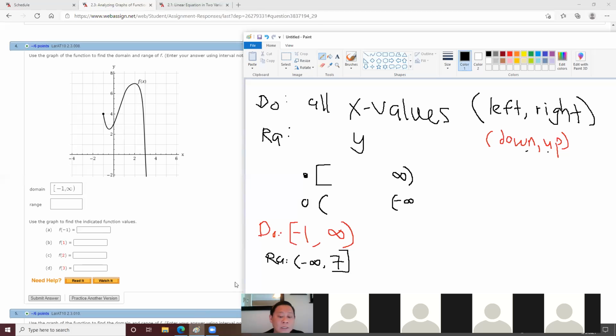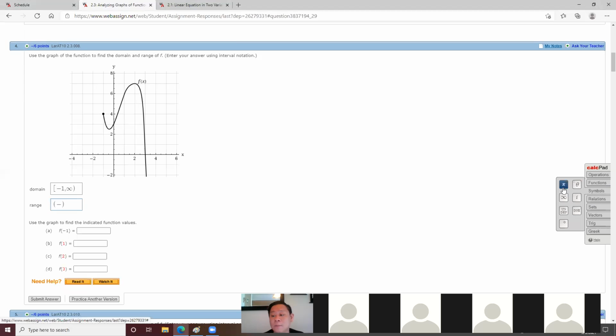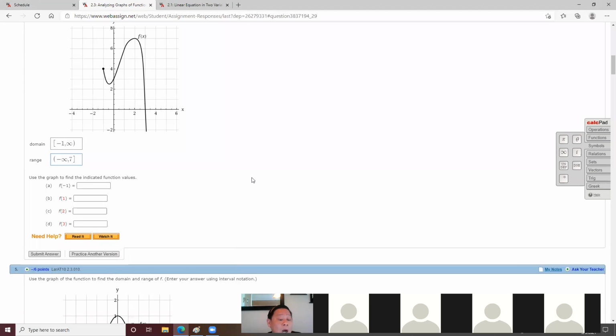This is how you put this in your domain. Your range is parentheses -infinity to 7. So parentheses, -infinity, again under Symbol there's the infinity symbol, and then 7, and then you put a bracket on it. So this is how you figure out your domain and range.